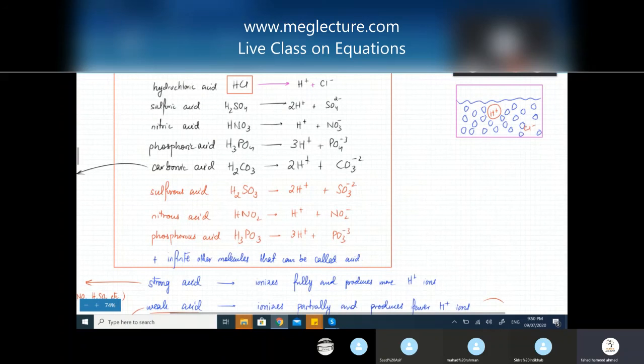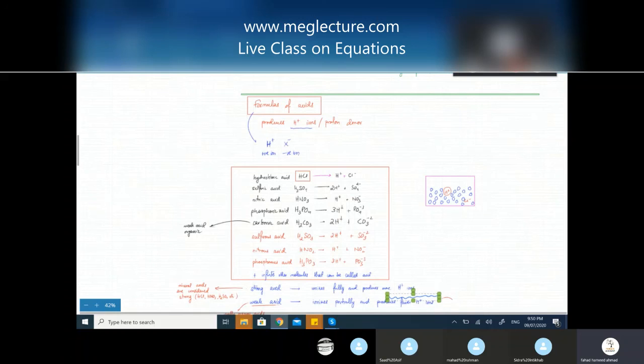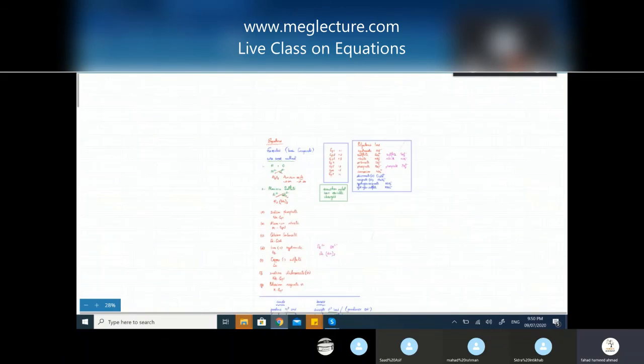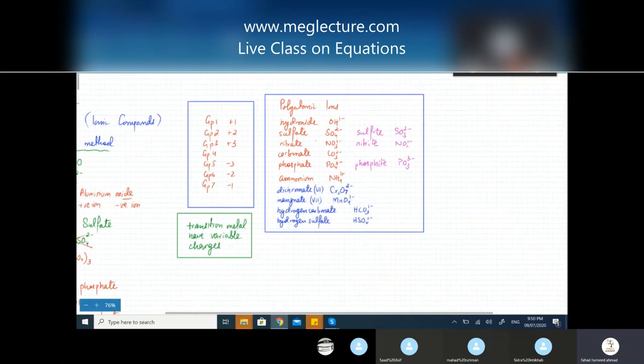Now you have to make these equations without this table and also without looking at the other table, ये जो ions का table था. मतलब pure table तो देख सकते हो. Pure table would be given to you, so I'm not asking you to remember the pure table because that would be with you, but you have to have these on your fingertips.